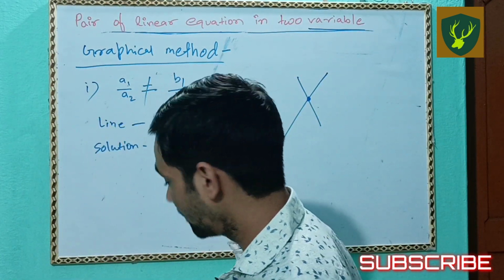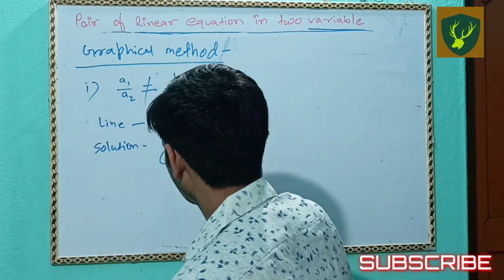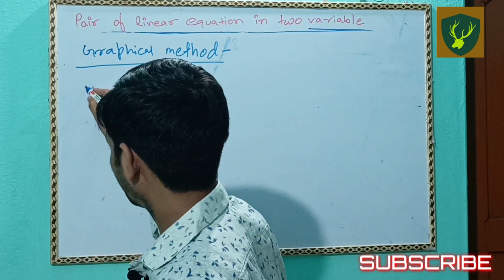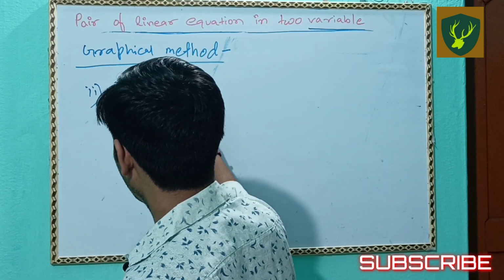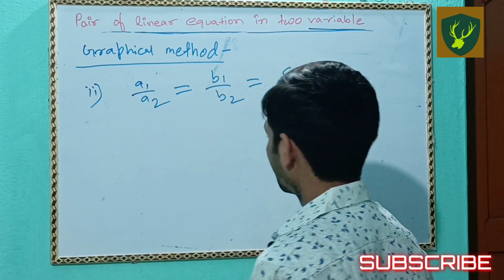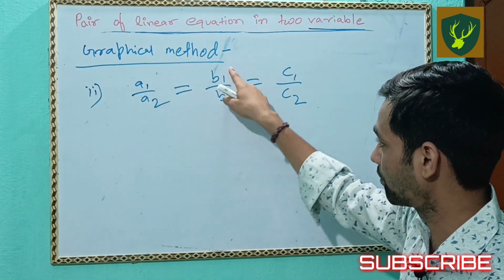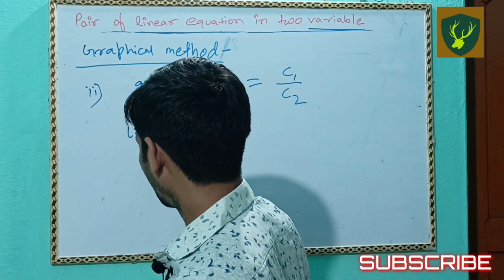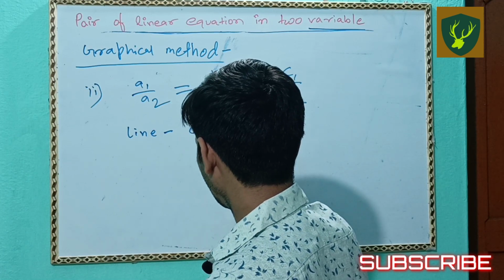And the second point: if the ratio of a1 by a2 is equal to b1 by b2 equal to c1 by c2, then it will form coincident lines.